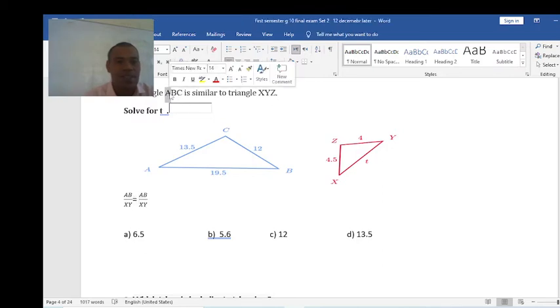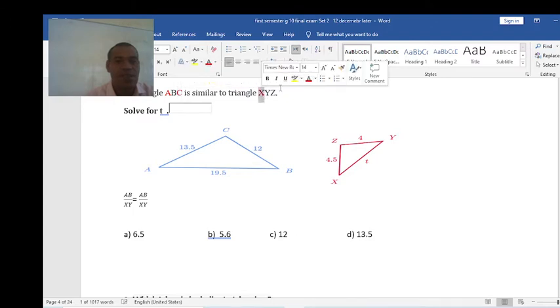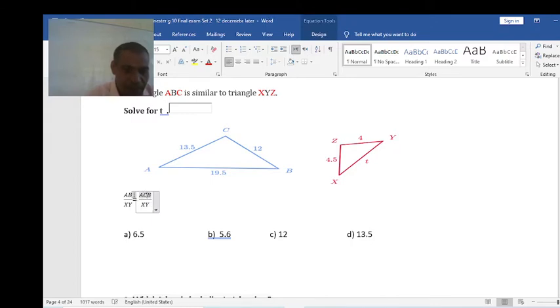This is A, this is C. This is X, this is Y, and this is Z. So I wrote here AB divided by XY equals AC divided by XZ. Clear? Here it will be C, with the C it will be XZ. Then substitution.